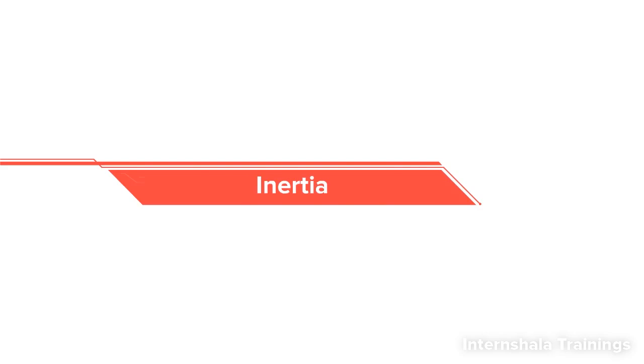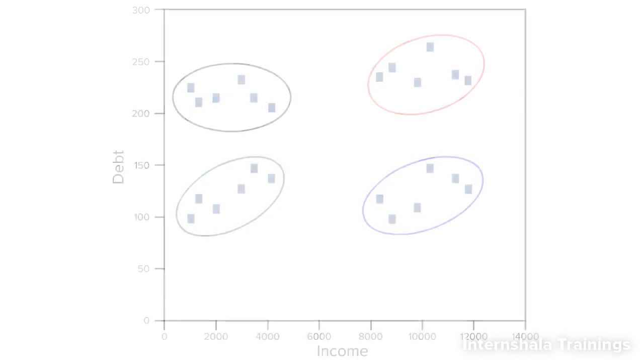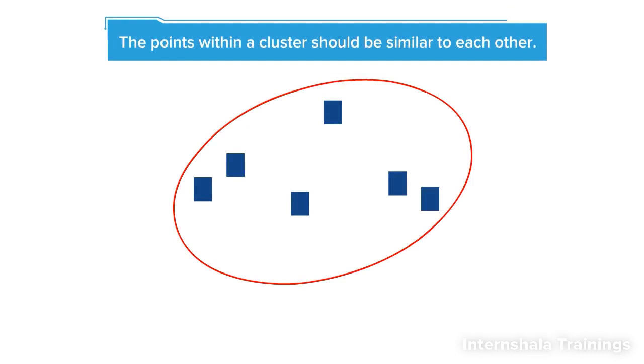The first evaluation metric we will be looking at is called inertia. To understand this, let's take the example of customer segmentation, which we have seen earlier as well. If you recall, the first property of clusters that we discussed was the points within the same cluster should be similar to each other. This is what inertia evaluates.